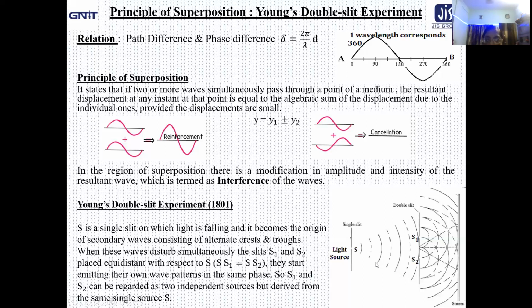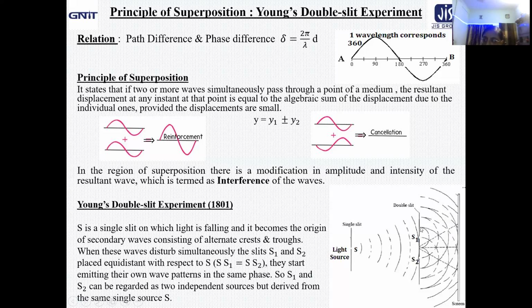Okay. Now, S1 and S2 are kept equidistant with respect to S, and we all know that light travels with the same velocity c. So after some time, the two slits S1 and S2 will be occupied by these advancing secondary waves at the same instant of time or phase, and naturally they will start emitting their own wave patterns simultaneously.